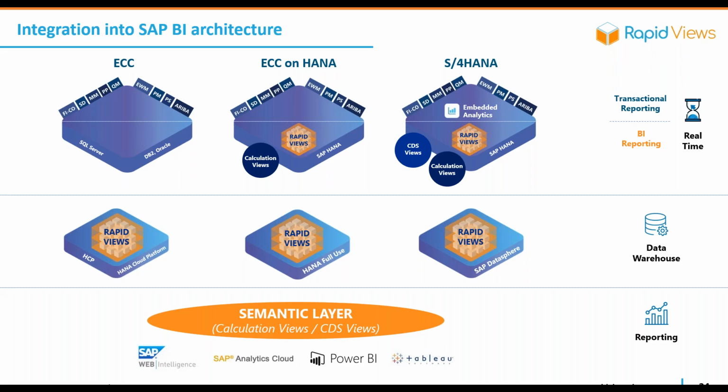The middle layer is, if you decide to build a data warehouse with SAP, you can use the HANA Cloud Platform or HANA Full Use Platform. But of course, today, SAP is pushing very hard on this new SAP Datasphere, right? Which is the new data warehouse platform for SAP. And the last layer is the overall semantic layer.